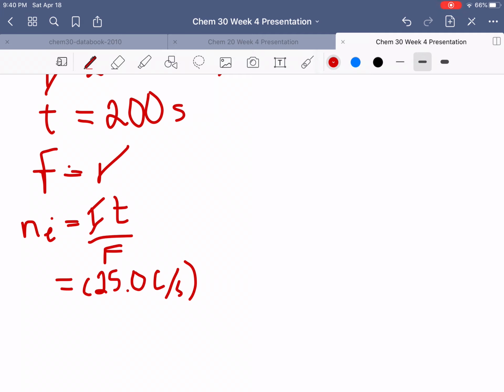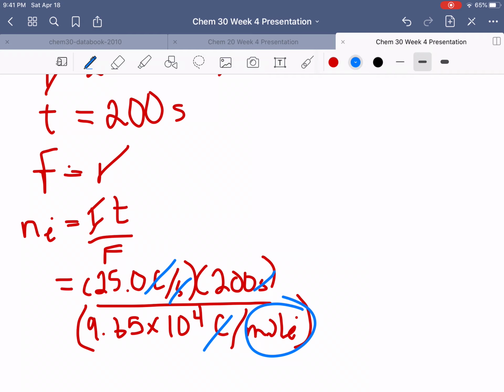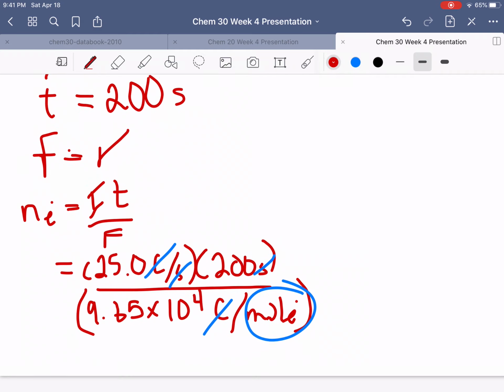I'll show you why in a second. Times that time of 200 seconds, all divided by Faraday's, 9.65 times 10 to the 4 coulombs per mole of electrons. I usually put these, because it's in scientific notation, in brackets as well, so that things don't get messed up. Look at the units. Coulombs cancel out, seconds cancel out. Hey, we're left with moles of electrons. That's good news. Okay, work it all out.